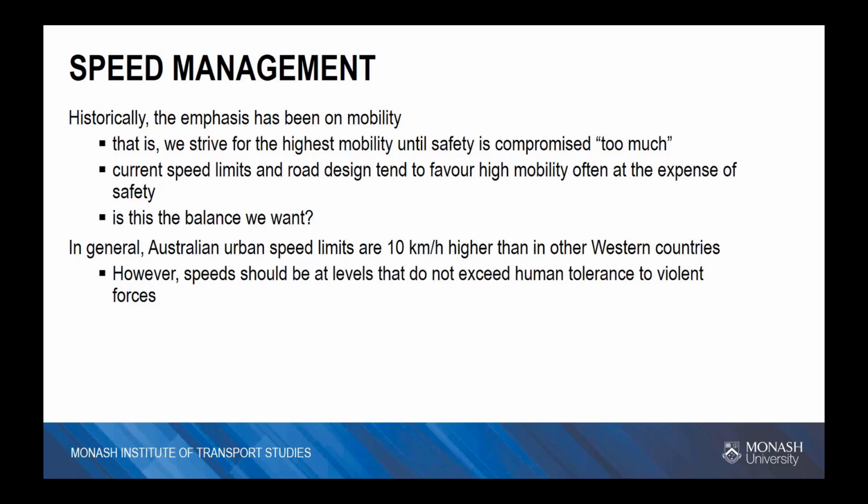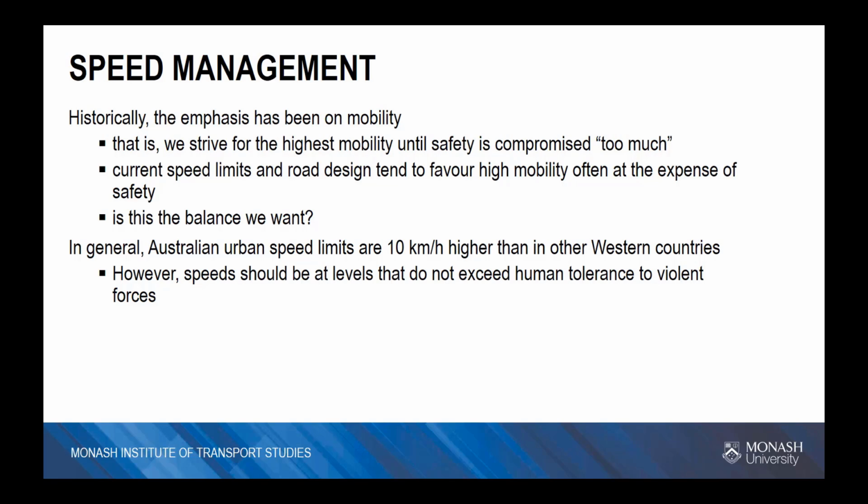Still, many of the current speed limits that we use on our roads are in favour of higher mobility, often at the expense of safety. So in essence, we're making a trade-off where we sacrifice safety to an extent to improve the efficiency of the road system. In Australia, often our urban speed limits are about 10 kilometres per hour higher than in other Western countries.